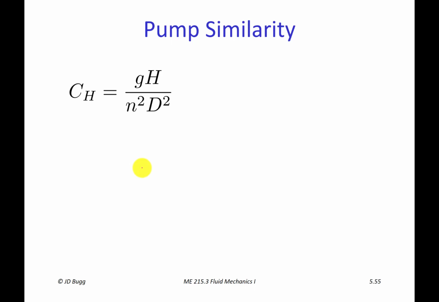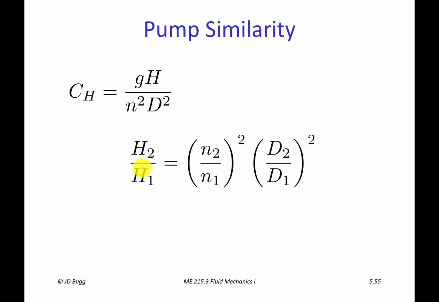If we're interested in the head developed by the pump, there's also a similarity law for that. So the ratio of H2 to H1 just comes from this. It's the ratio of the speeds squared and the diameters squared. And that's all coming just by setting this dimensionless group for pump 2 equal to pump 1 and then rearranging it to get the head ratio by itself.